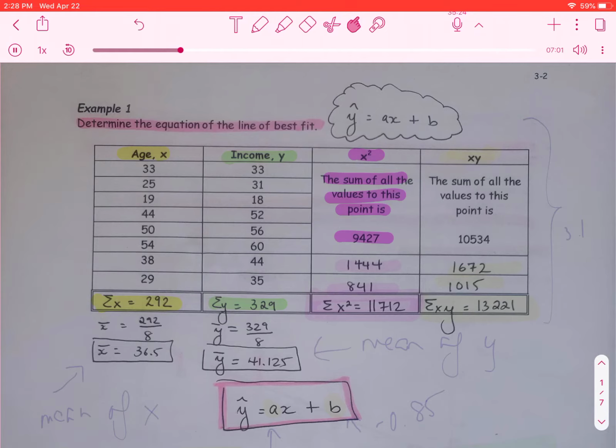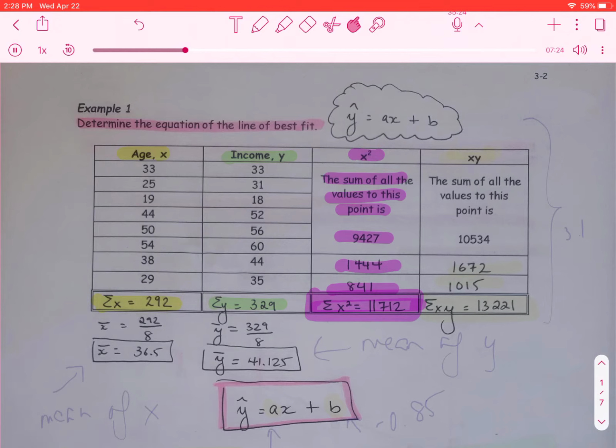I know you know how to square values, so that's just used to help get along with the lesson a little quicker. So obviously you're going to add 9,427 with 1,444, which is 38 squared. You'll add that with 29 squared, which is 841, and the sum of x squared would then be 11,712.